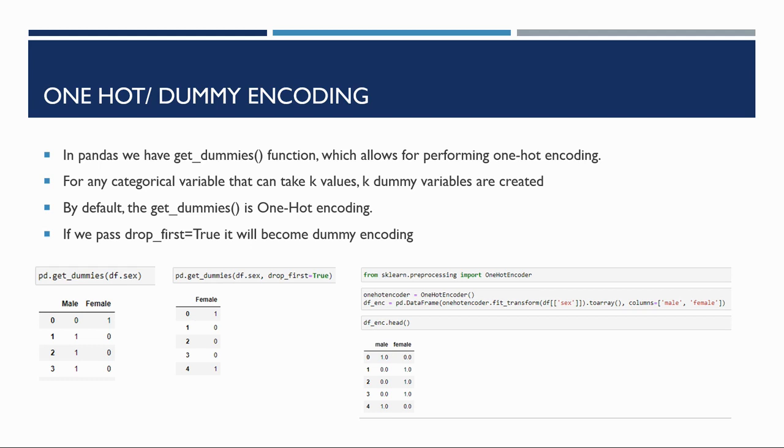After getDummies or after one-hot encoding, we will get two columns, male as well as female. In scikit-learn also we have the one-hot encoder function. Using this we can convert categorical data into numerical data.